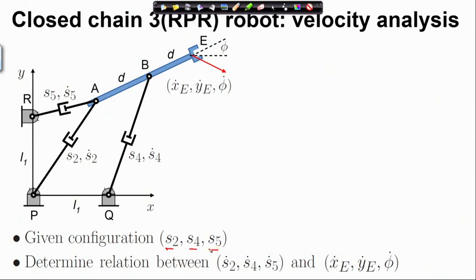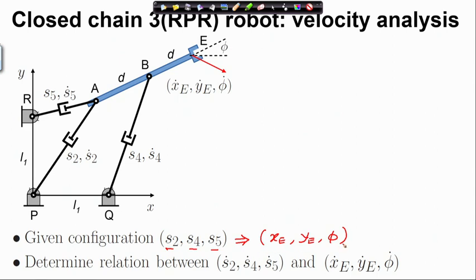Given S2, S4, S5, the configuration of the manipulator is specified, and we had found x e, y e and phi. So, this is a 3 degree of freedom manipulator. We have 3 inputs S2, S4 and S5, and we can find out x e, y e and phi.